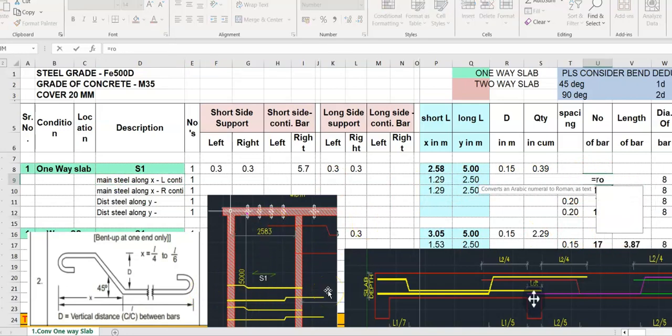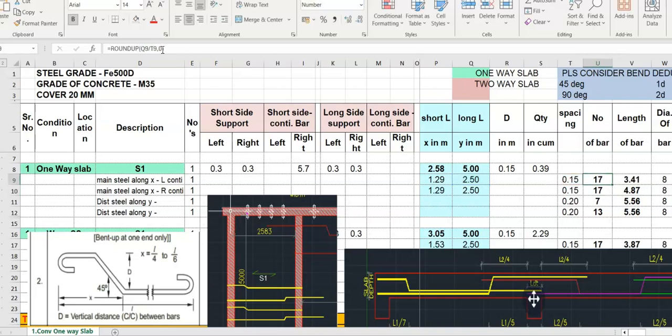Simple formula: ROUNDUP of this length divided by this spacing, 0.15. Similarly, Control D. We divide this length into two parts because two different lengths are here for main steel.